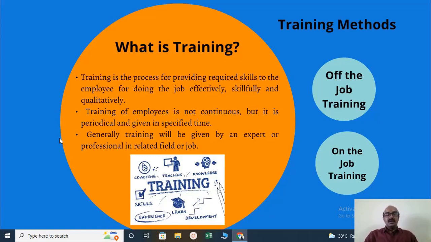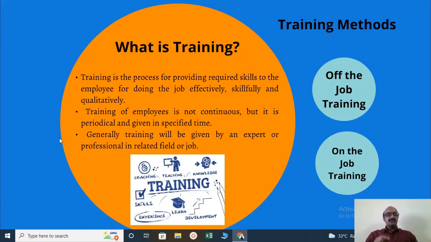We cannot spend a lot of time on training, because it costs more when you give more training to employees. The industry has to spend a lot of money and manpower on the training program. That's why they have a specific time period to train the employees.